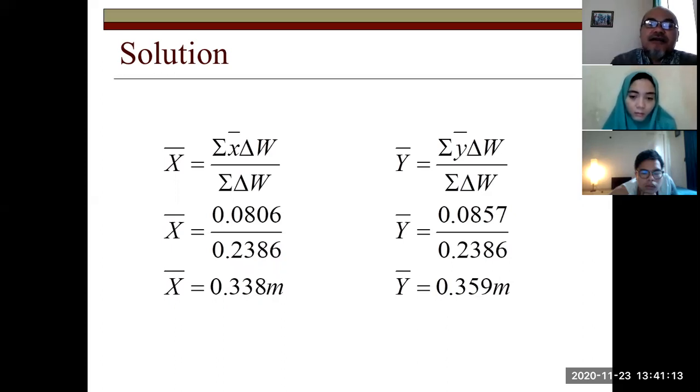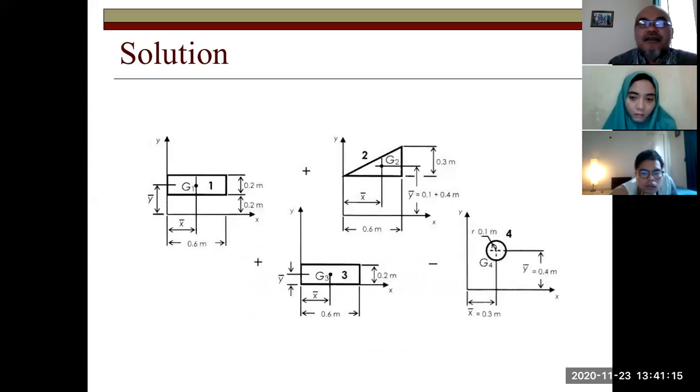Why? Because with the triangle, the material weight on the right part shifts towards the right, because material A is heavier than material B. And that is why the weight shifts a little bit to the right.